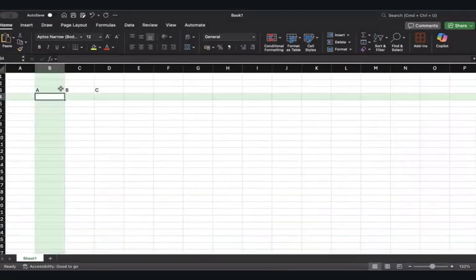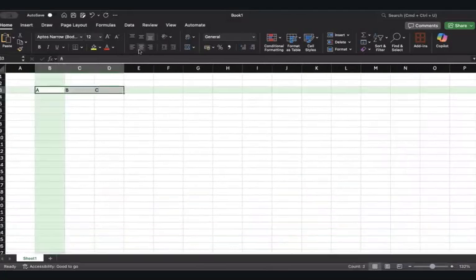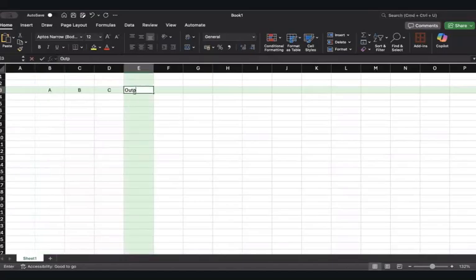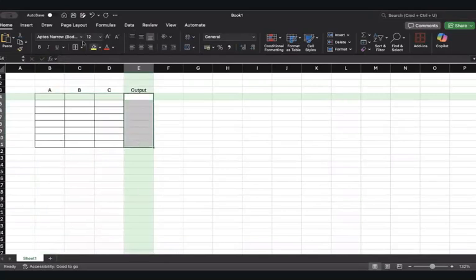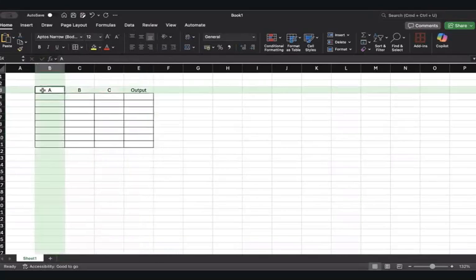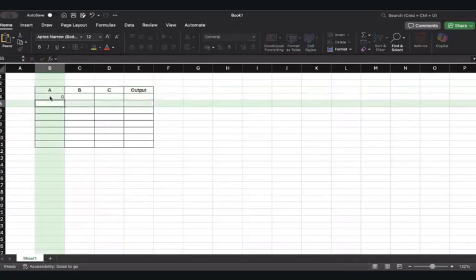Okay, now we are here with this one. So these are my inputs A, B, and C. And this is my output, right? So if you have 3 variables, how many possibilities are there? 8. So 8 inputs. Now we are going to make it here, and your output is also given here. So these are your variables. Now I'm going to just repeat this.